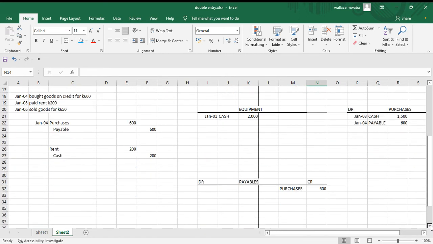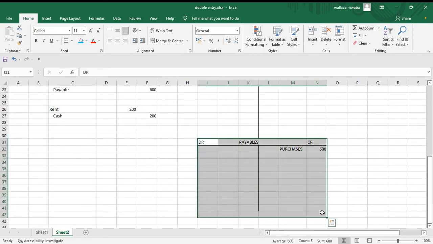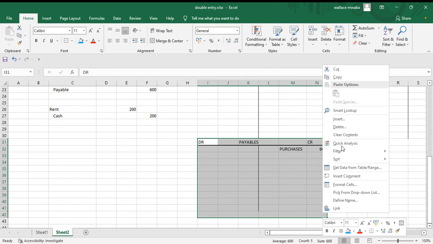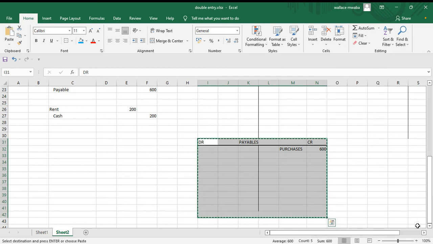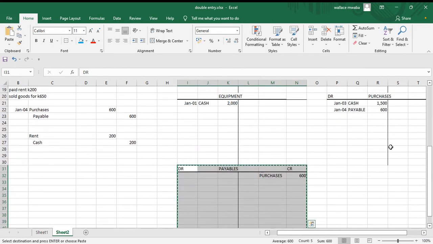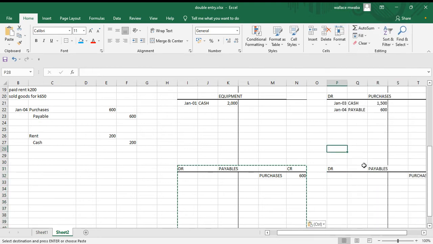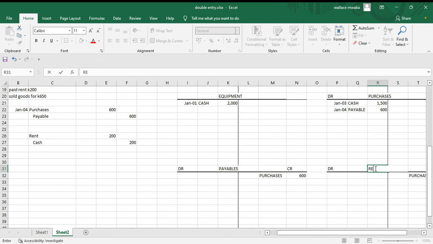Then we open up our rent account. All right, so rent account will be debited 200.